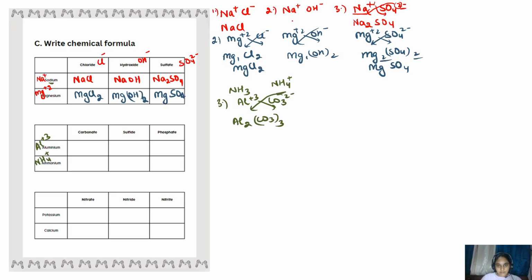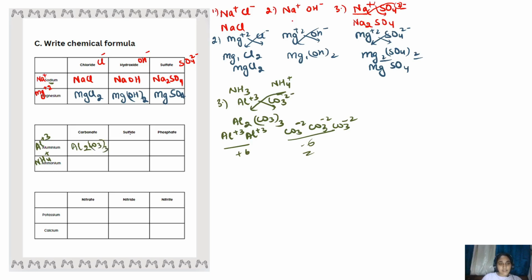Or you can just cross-check this: Al 3 plus, Al 3 plus, and CO3 2 negative, CO3 2 negative, and CO3 2 negative, plus 6, minus 6, charge is balanced. So Al2(CO3)3.